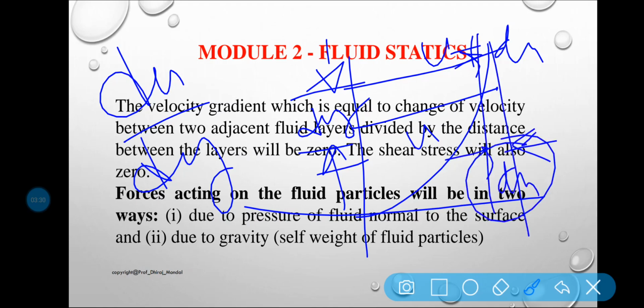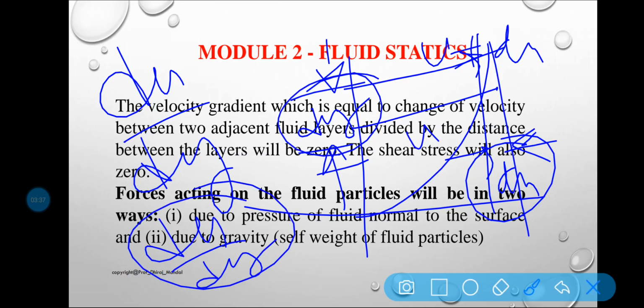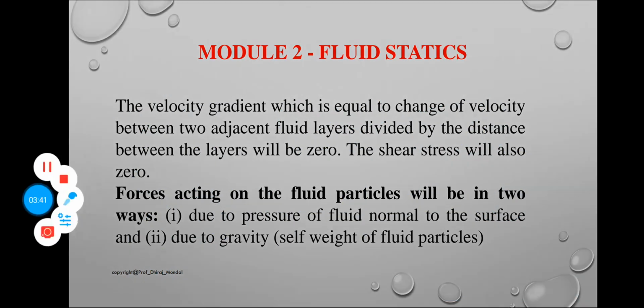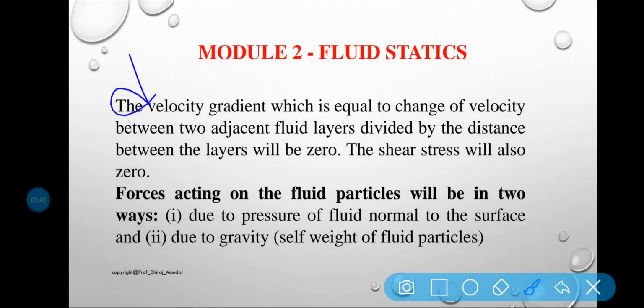So this change in velocity with respect to this displacement, du by dy, is called the velocity gradient, or the rate of change of shear strain also you can say. So that velocity gradient, du by dy, will be 0 in case of the fluid which is at rest.